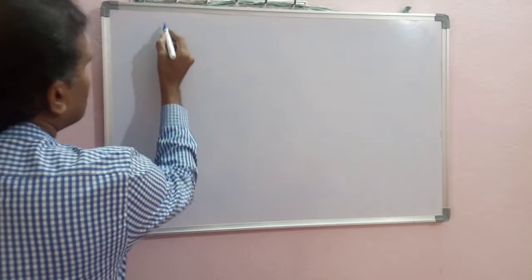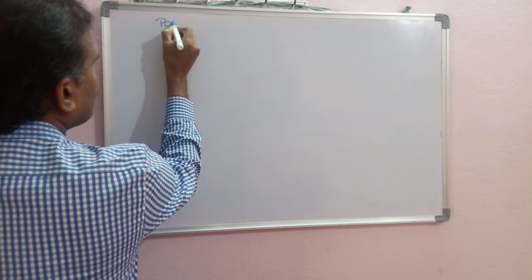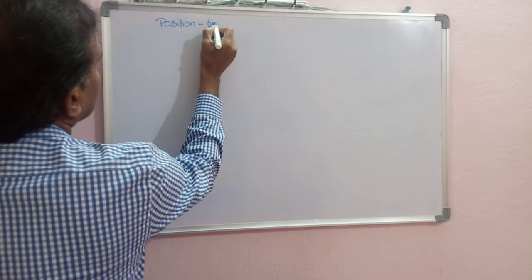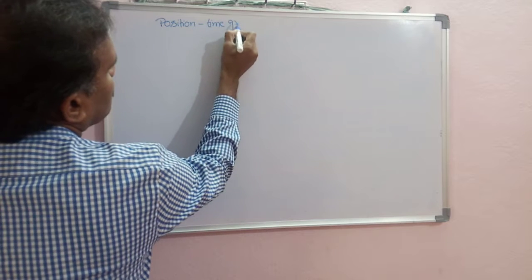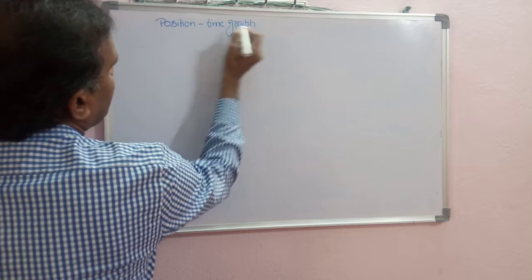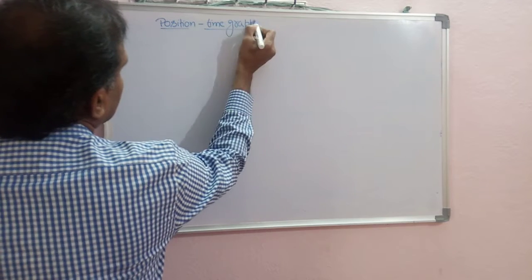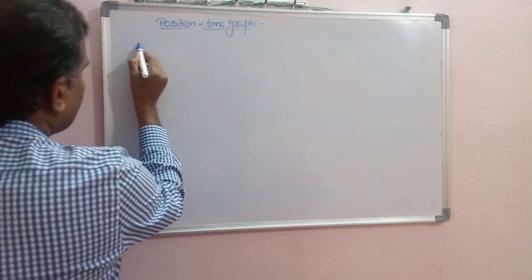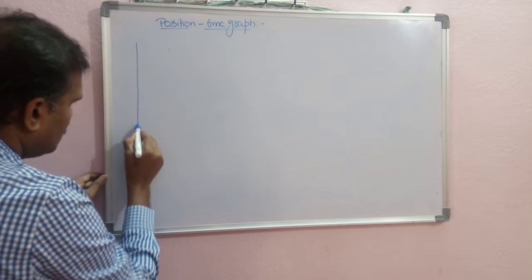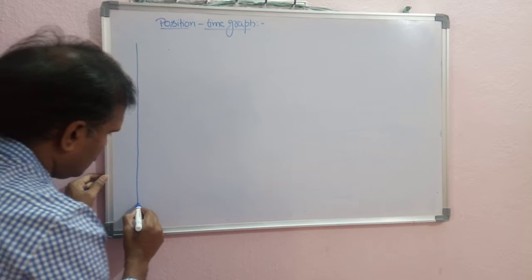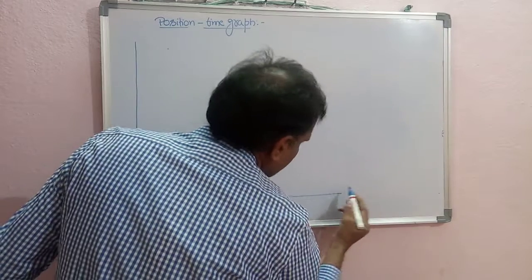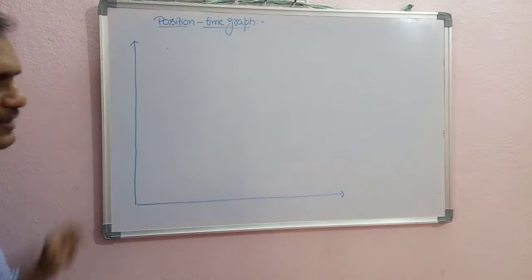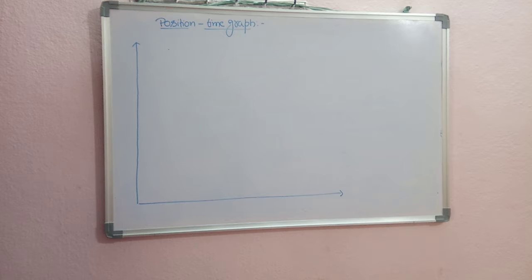Next, here, the same position-time graph. You can plot the graph in this manner. This is a two-dimensional coordinate system.